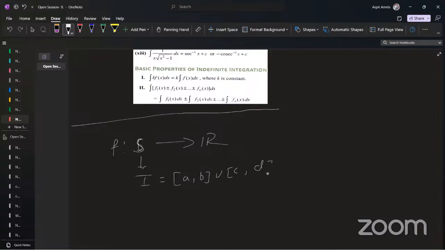Or they can directly say that f is a function defined from R to R. These are the two cases they will give you.